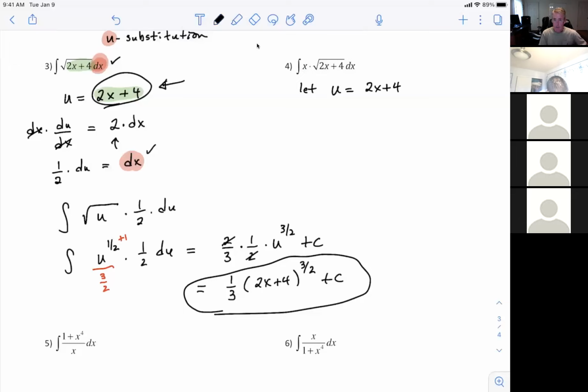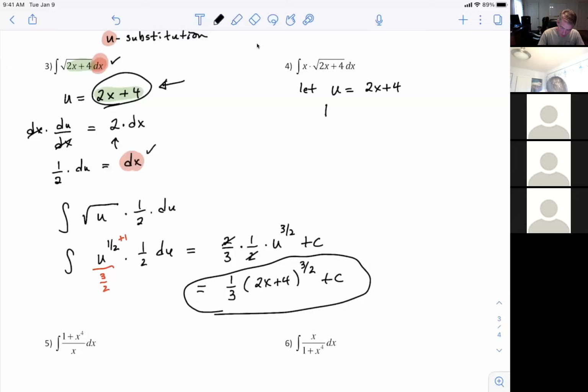So letting u equal the inside part, what's inside of the radical, that is always a good place to start. That's not always going to be what u should equal. With the u substitution, sometimes you have to try something and it doesn't work, and then you try something else and it does work. But a good guiding principle is first try that u equals the inside part.